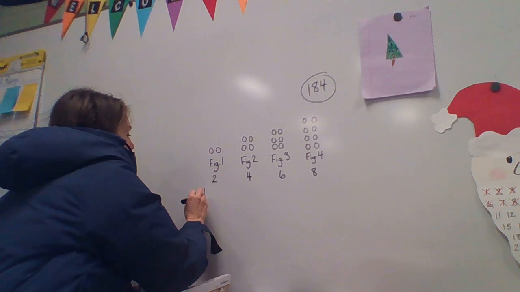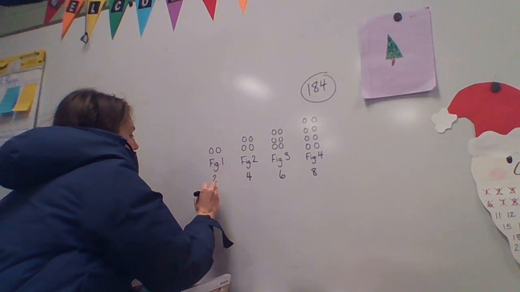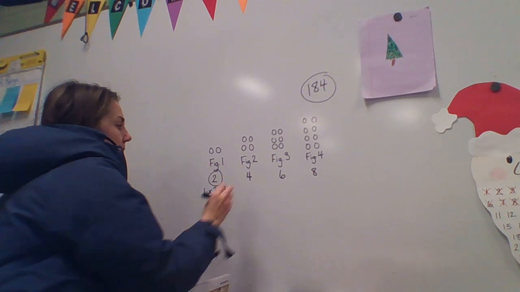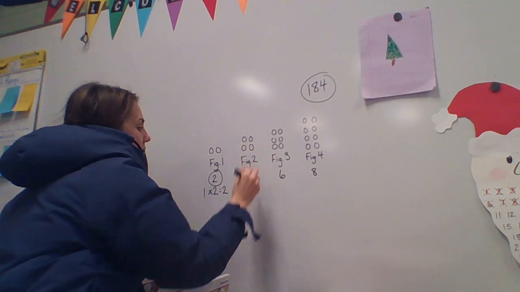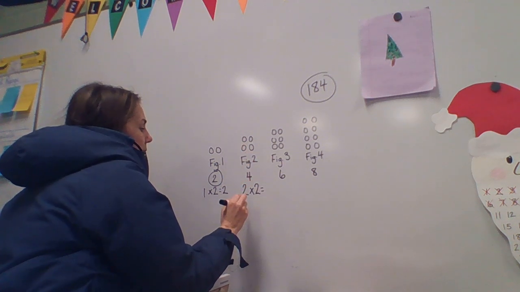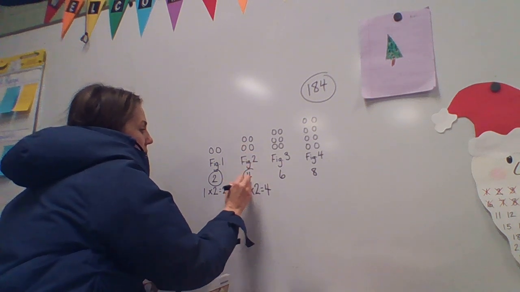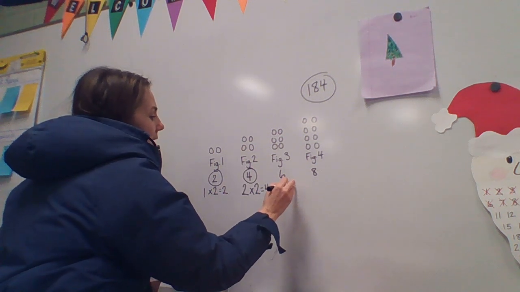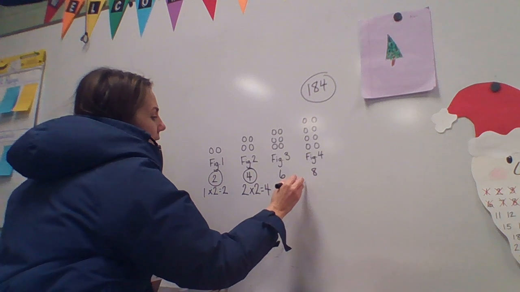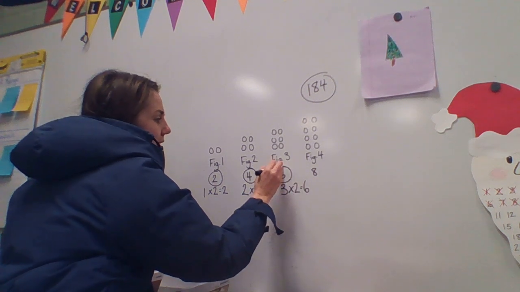So figure 1, if we multiplied it by the 2 circles, we get an answer of 2. Figure 2, if we multiplied it by the 2 circles, we get an answer of 4. Figure 3, if we multiply it by 2 circles, we get an answer of 6.